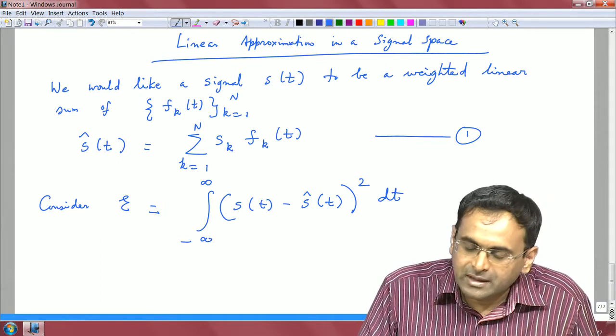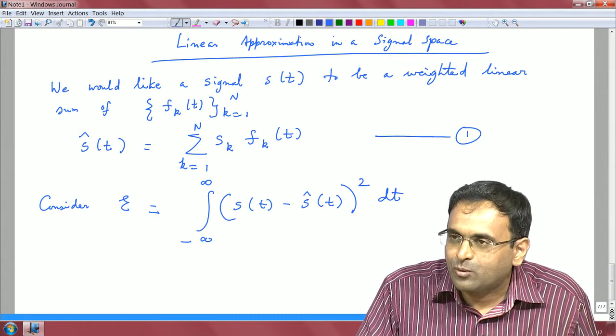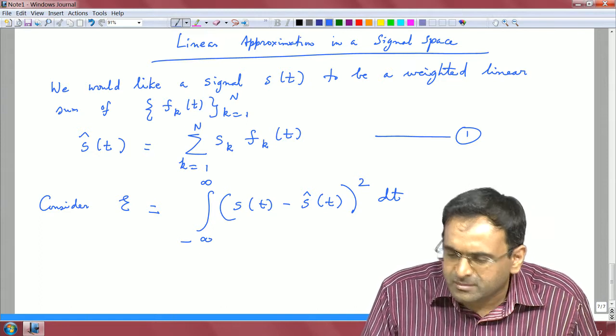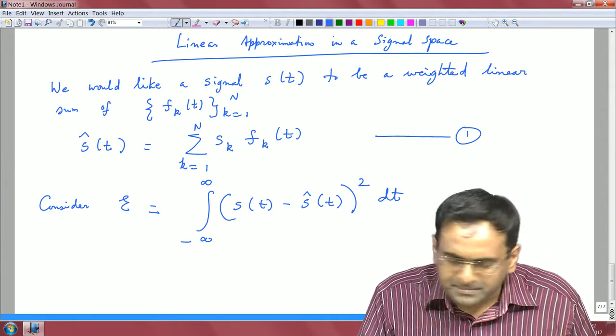The limits could be just from minus pi to pi or 0 to 2 pi or whatever finite limits you want to consider, but without loss of generality I just wrote minus infinity to plus infinity.